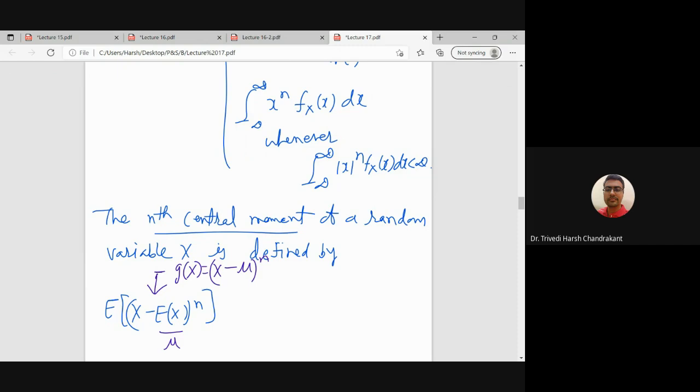Using this g(x) function we are going to find the expectation of this random variable. So now you tell me what is this formula.